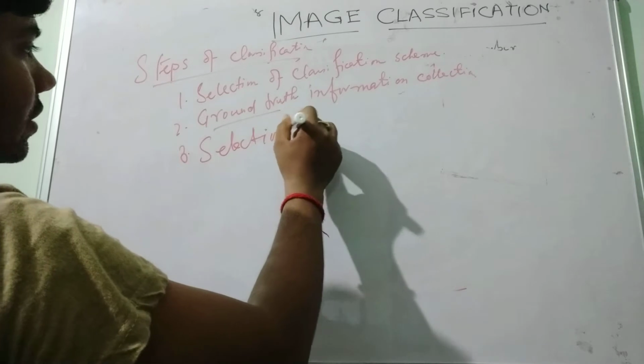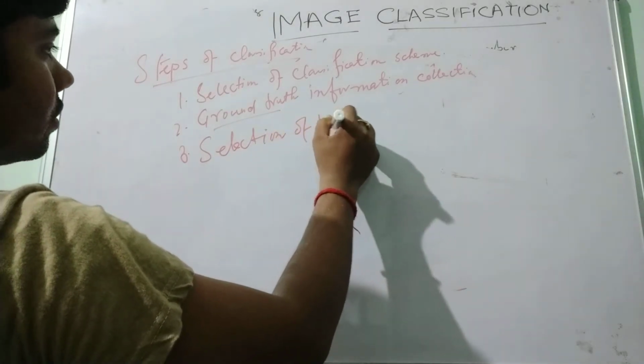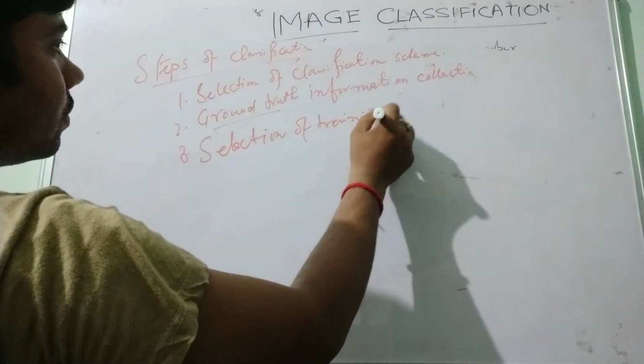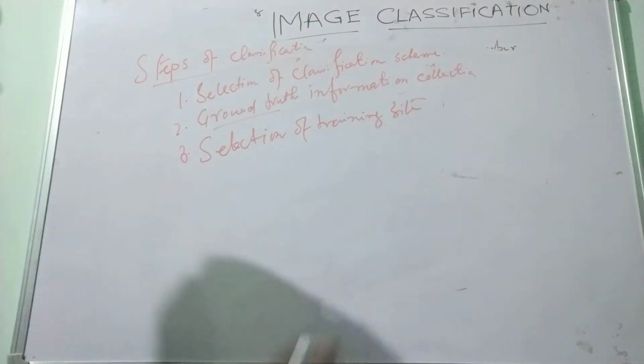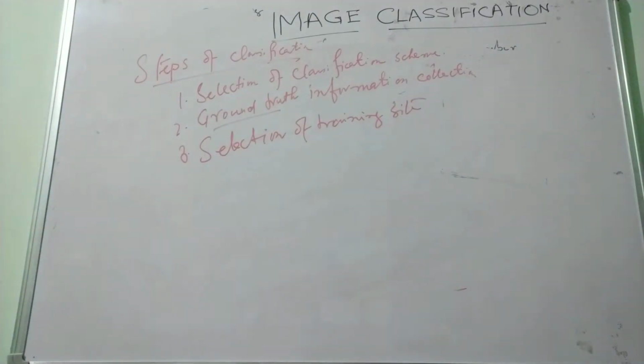What is a training site? It is the pixels used as a training set that is collected from the fields and should be scattered around the image to capture the variability of the reflectance of the features.